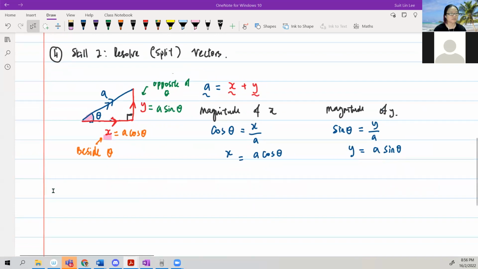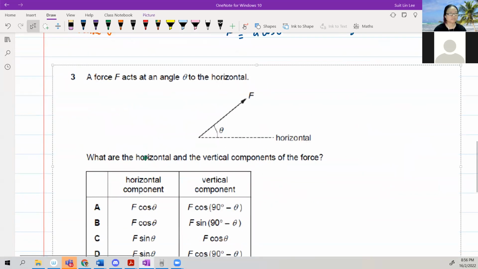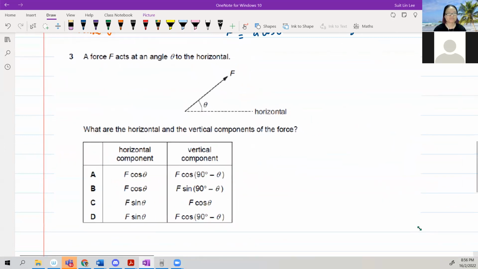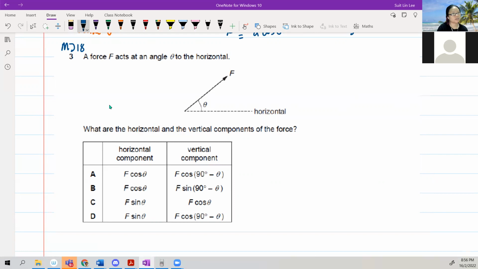Right, I'm going to try an example now. You can find this in page 17, May, June 18, paper 1, 3.